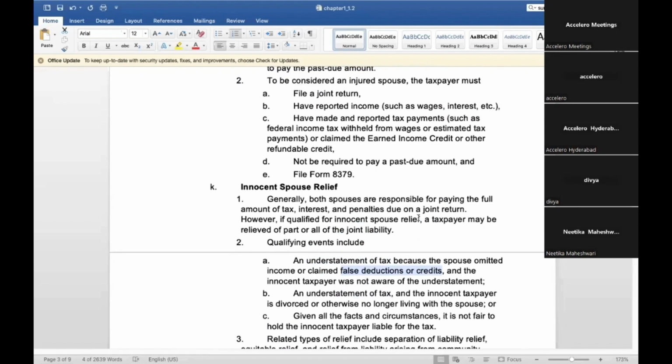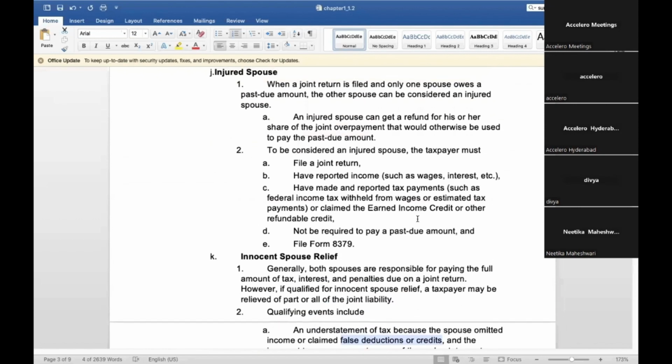Then there's something called injured spouse. When a joint return is filed and only one spouse owes a past due amount, this is important. The other spouse can be considered an injured spouse if they say they have no idea about what was happening in the past and don't want to take any liability.